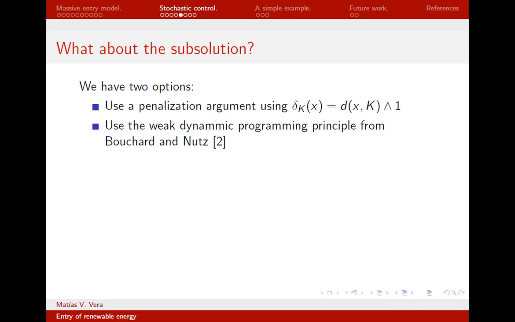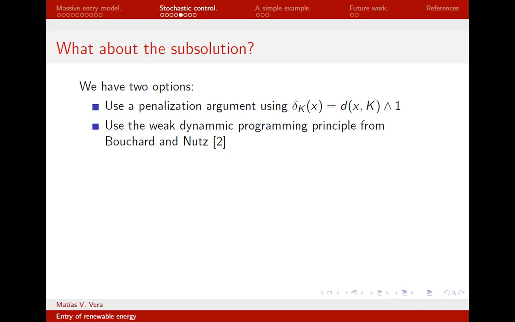Here, they take a process and they assume things on the process. And then through probabilistic arguments, they get a weak dynamic programming principle. Okay? So it's interesting that you can get, from one way or the other, basically the same result.